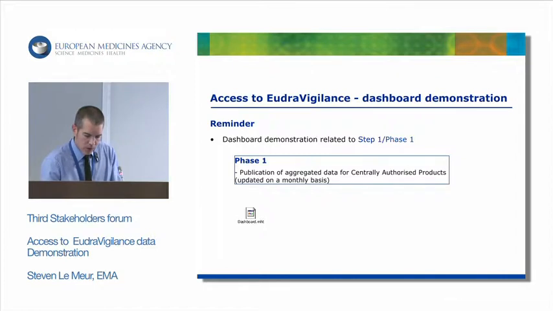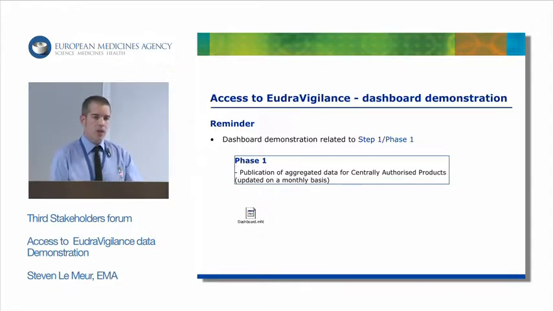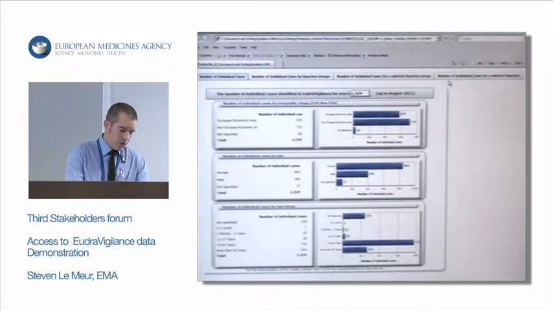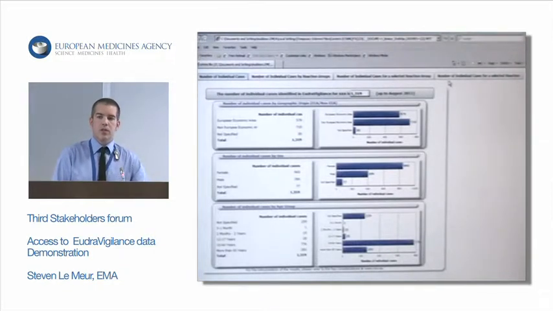So on the website, which is not yet set up but we will start very soon, there will be guidance available explaining what EudraVigilance is, how to interpret the data, and all the information necessary. And the user will have the choice to select either a substance or a product for centrally authorized products.